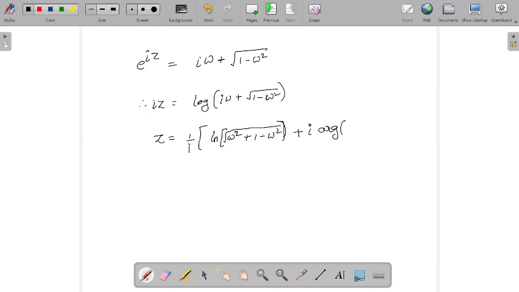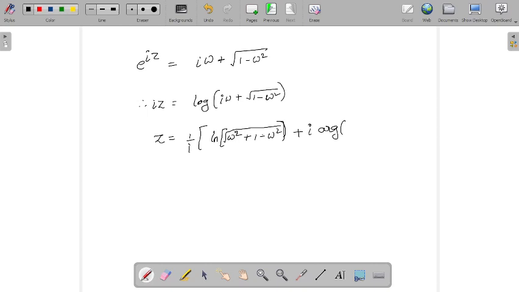We can't write this argument unless you know what this w is and 1 minus w square. So we'll simply leave it here. Therefore I can conclude z is nothing but 1 by i into log of this function, that is iw plus the square root of 1 minus w square. In other words, sine inverse of w, that's what z is, which is minus i, because 1 by i is minus i, into log of iw plus the square root of 1 minus w square.